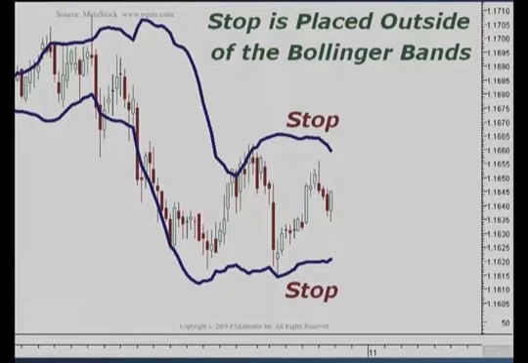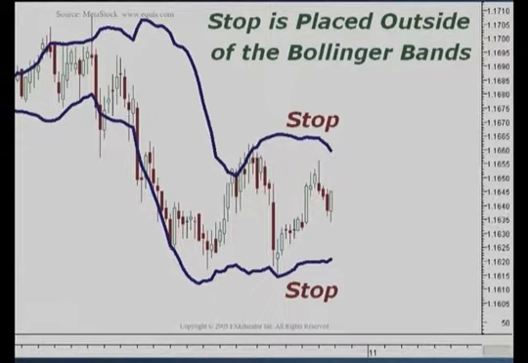This is key because if you think about it, if 95% of the activity occurs within the bands and we place our stop beyond the bands, outside of that area, there's a pretty decent chance that our stop may not be hit. So by placing our stop outside of the range of volatility, outside of the Bollinger Bands, that increases the chances that our stop will not be hit.